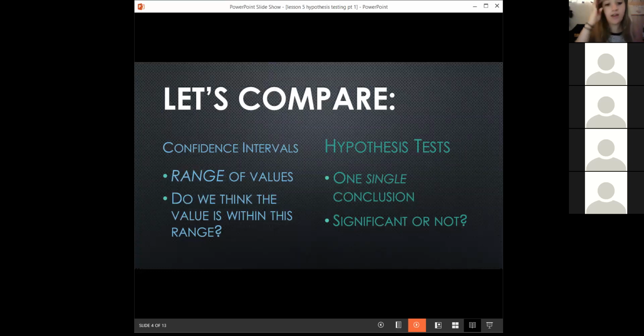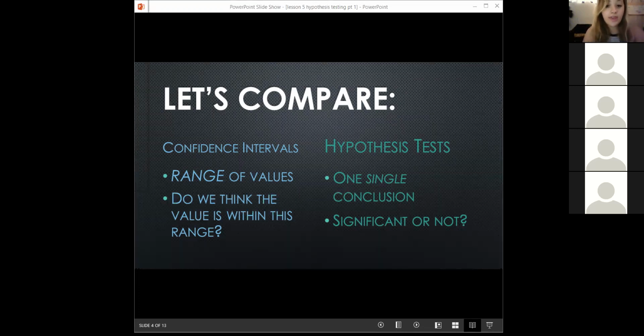We just talked about confidence intervals last week, so it is important to understand the difference between a confidence interval and a hypothesis test, and why we would use one over the other, because they seem very similar in reality. If we review from last week, confidence intervals are a range of values, with a lower bound and an upper bound.